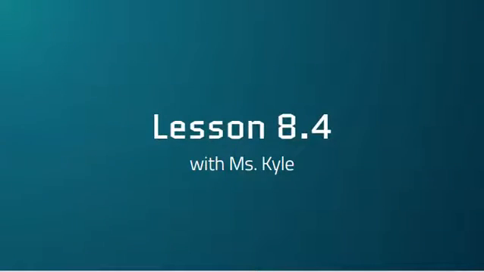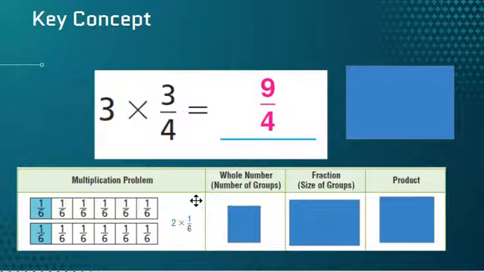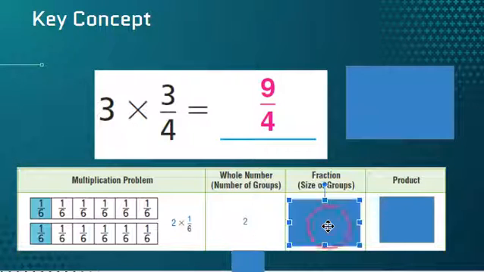So go ahead and take a look here at our multiplication problem. If we were to write out 2 times 1/6, know that we have two groups of 1/6 showing here. What would be our whole number in this case? Think to yourself. All right, that's right. Our whole number here is 2. Our fraction that we're multiplying by, take a moment to think about it.